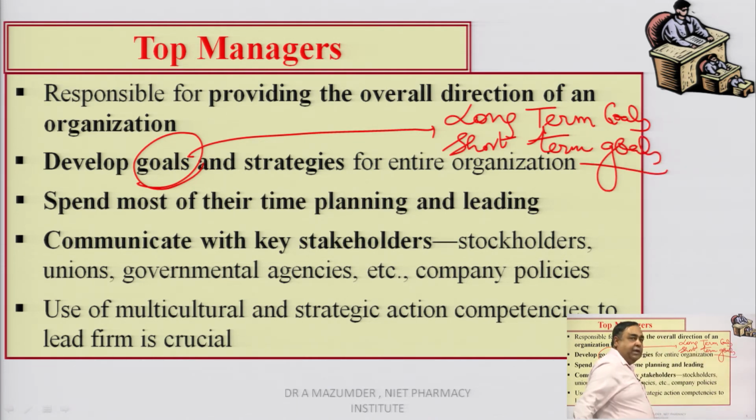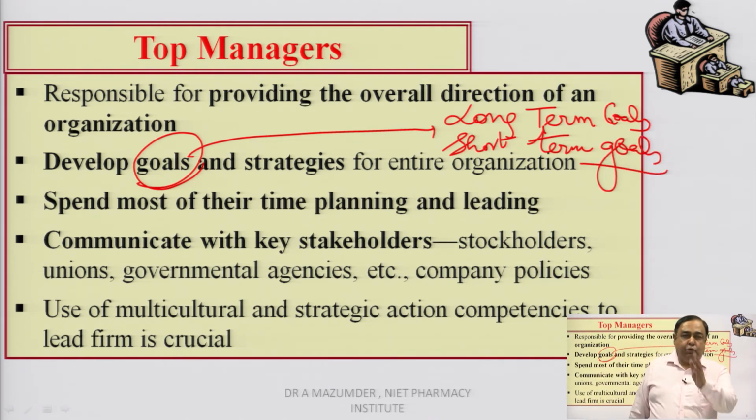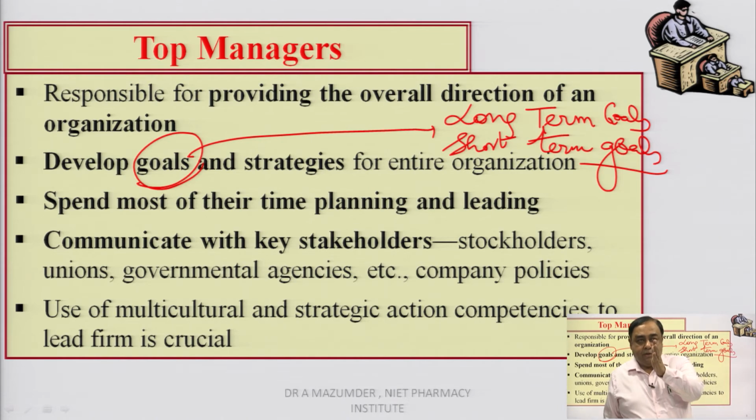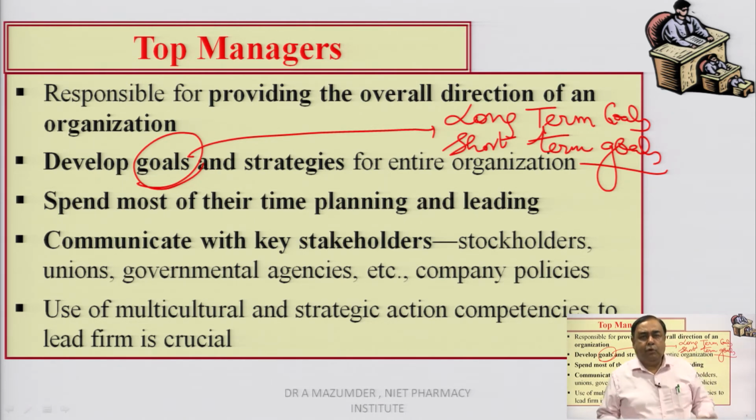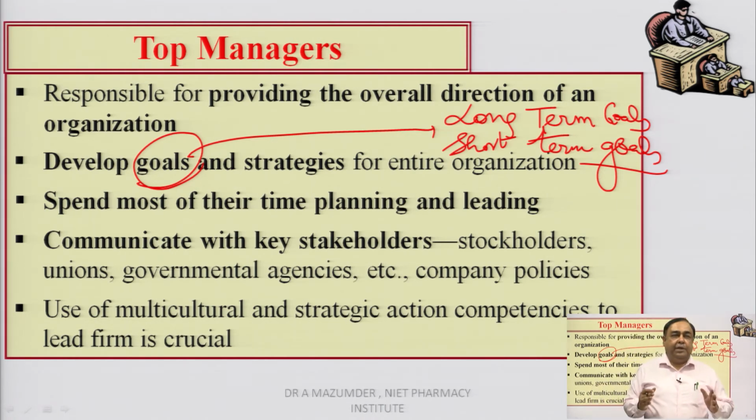Both need to be taken care of. They develop the goals and strategies for the organization, and spend most of the time in planning and leading. That is, planning is of utmost importance to an individual working in top level management.